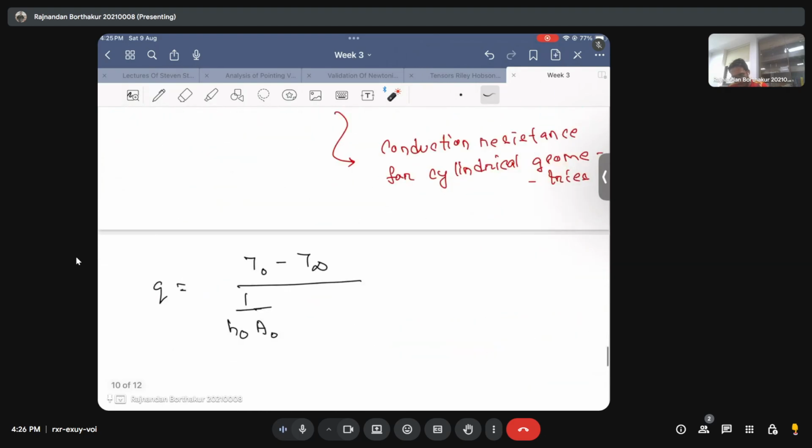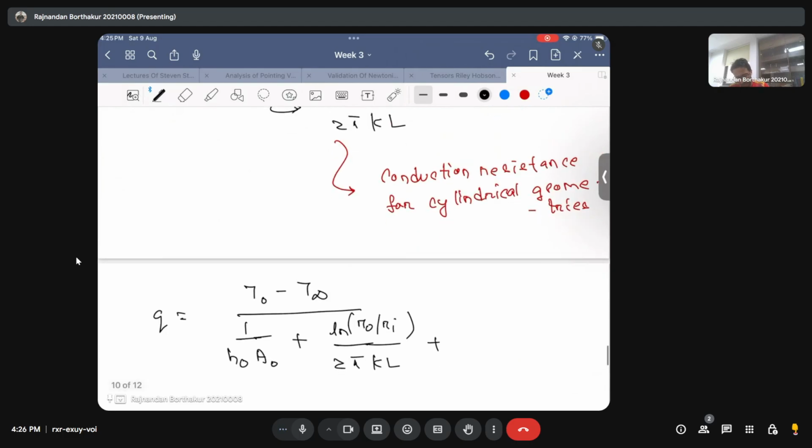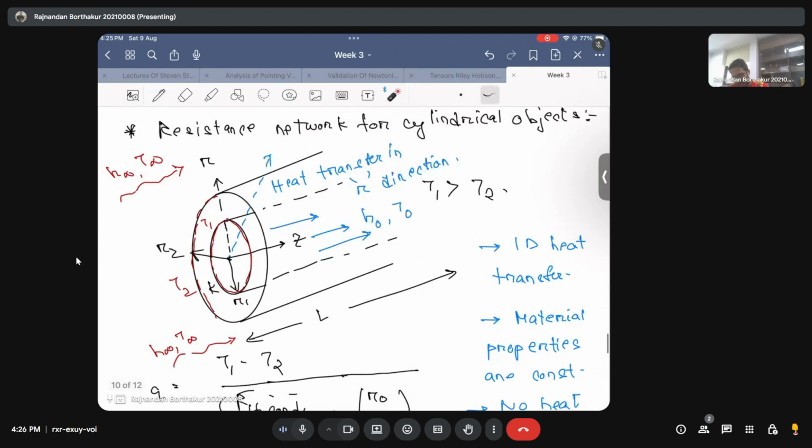Then there is going to be the conduction resistance because of the cylinder, which is ln of R0 by Ri divided by 2 pi KL. And then there is one more convection resistance, which is the resistance offered by the ambient air, 1 by H infinity times A infinity, where A infinity is the area of the exterior cylinder that is available for heat transfer.